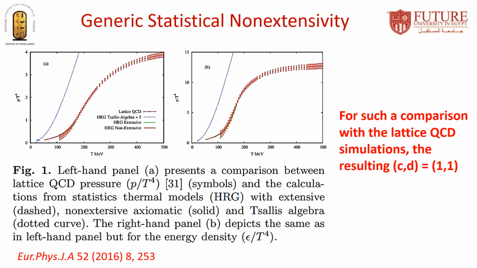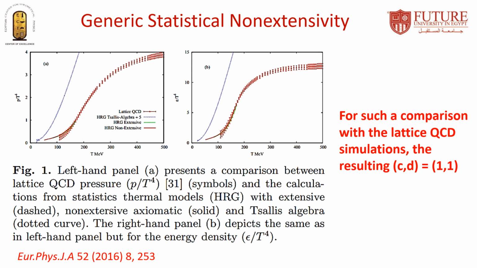For the comparison with the lattice QCD, I'm just using the hadron resonance gas, the thermal model, using all kinds of resonances, even the very heavy ones, and taking into account the feedback and so on, all constraints, even the light ions are also included. What I have obtained for C and D is just 1 and 1.